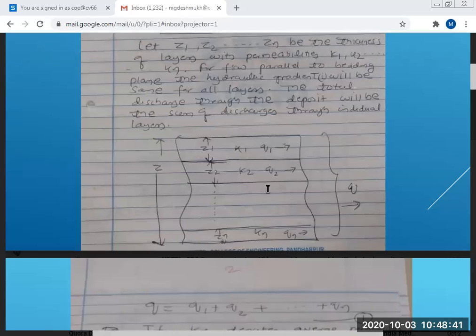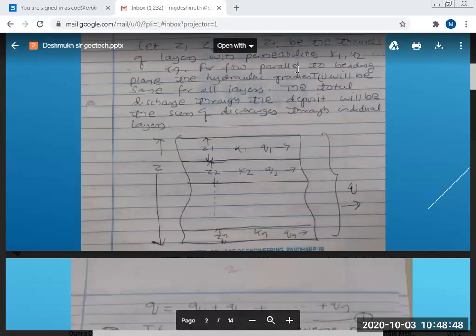Similarly for the second layer, the thickness is Z2, the coefficient of permeability is K2 and the discharge is Q2.